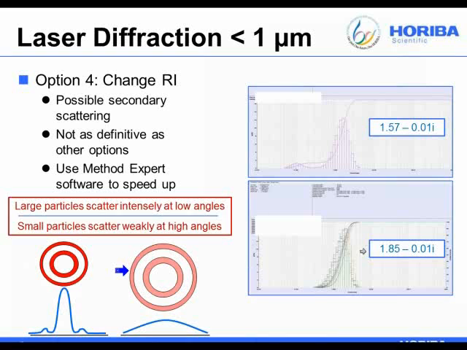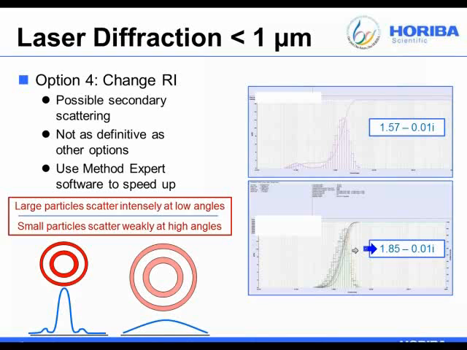And so what that means is, the refractive index is the way we think of light being bent as it passes through a material, so light changing angle. A higher refractive index is going to mean that the light should be bent at a greater angle than a lower refractive index. And so if you put a higher RI term into the laser diffraction software, it will expect to see more light being scattered at wider angles.